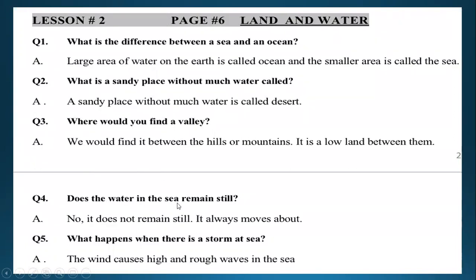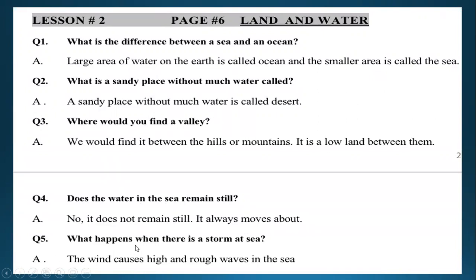Does the water in the sea remain still? Do you think this? No, because we have read that water in the sea always moves about. No, it does not remain still. It always moves about. Question number 5.